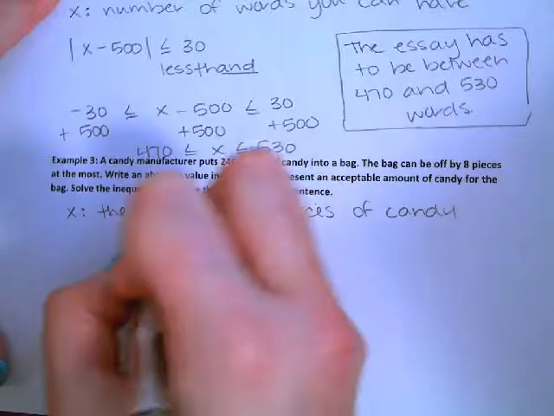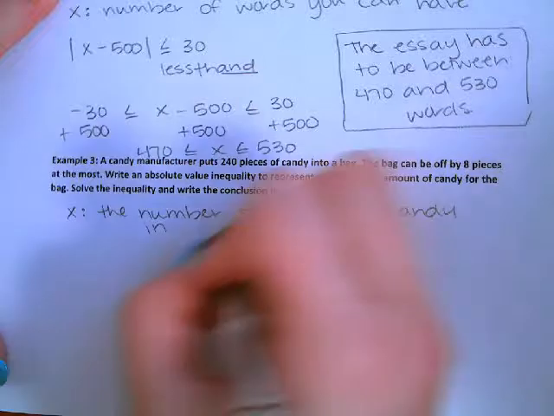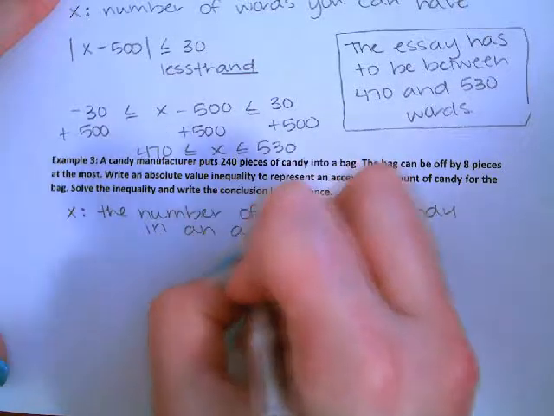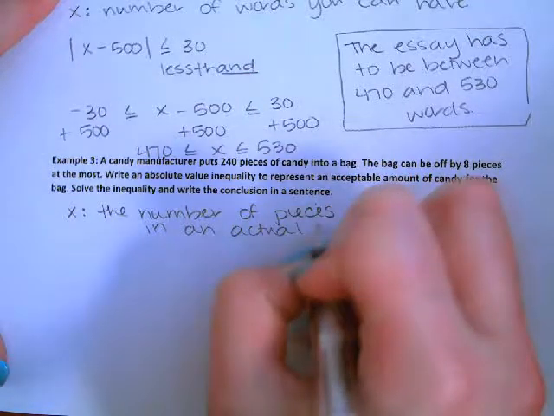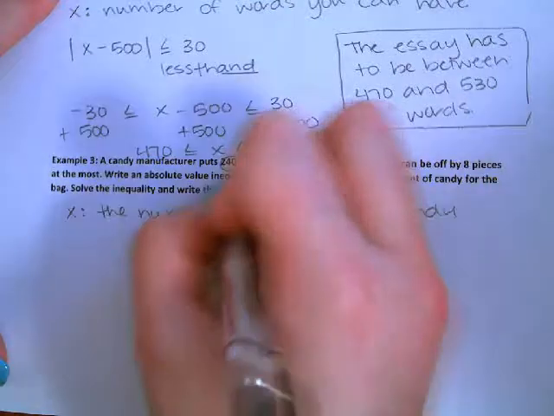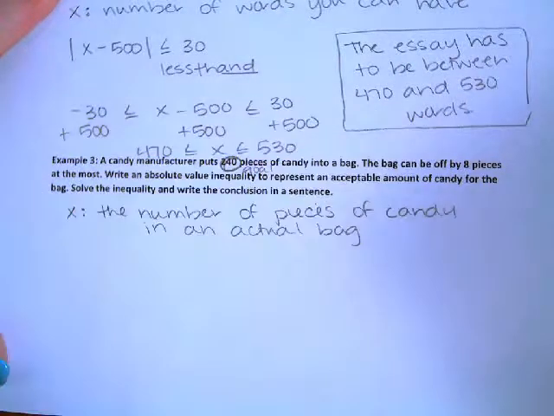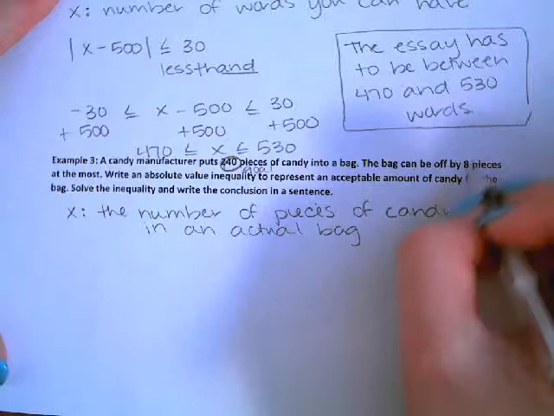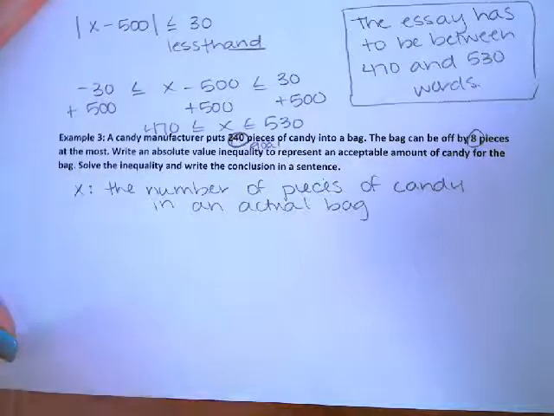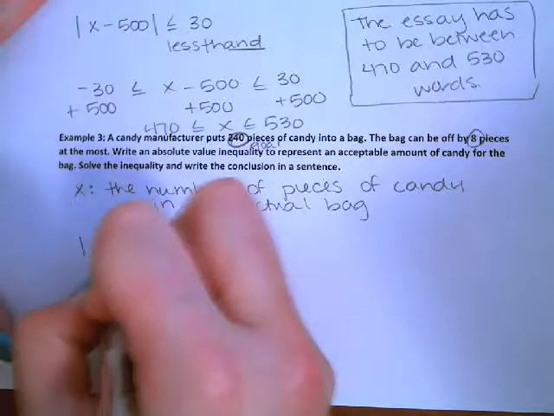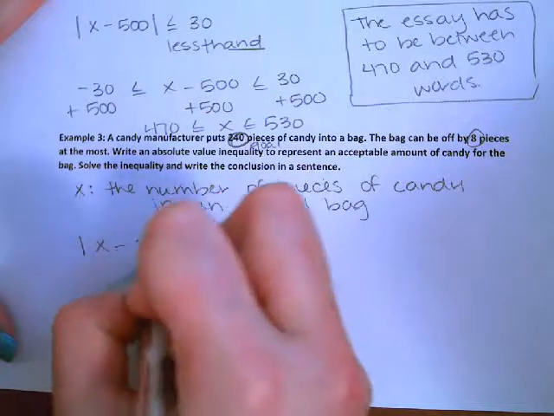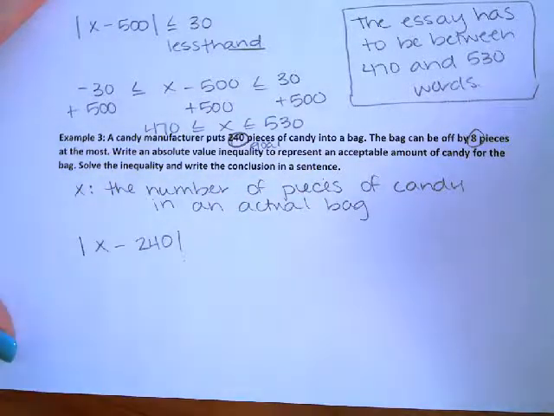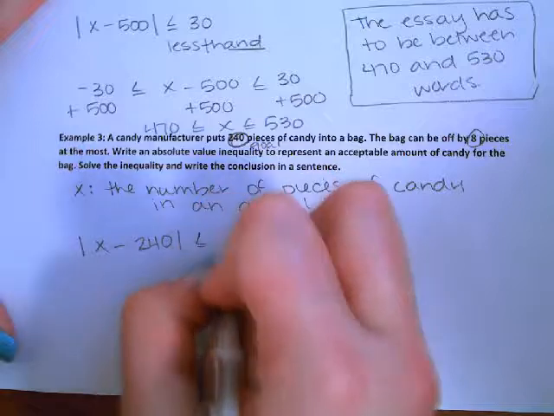And this isn't theoretical, this is like in an actual bag. So the goal is to have 240 pieces. That's what we always want. But we're not going to be perfect, so we can be off by 8. So we're going to say the difference between the actual bag of candy and the goal of 240 has to be less than or equal to 8.